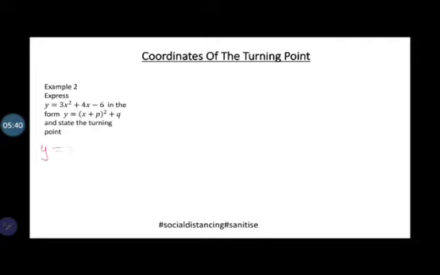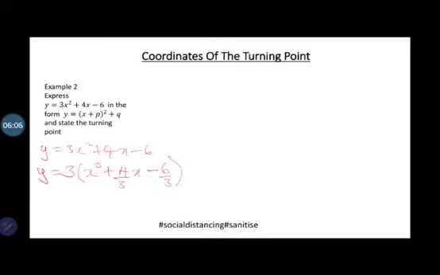So y is equal to 3 times x squared plus 4 over 3 x minus 6 over 3. I've factored out my 3.